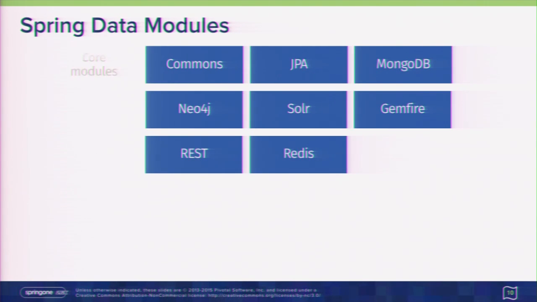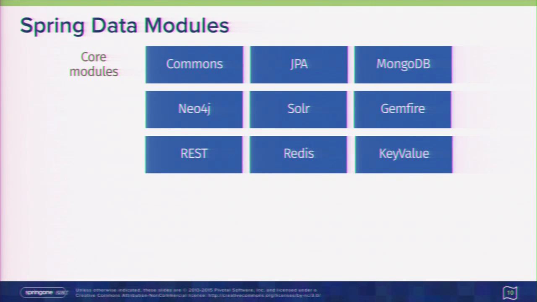We have the core set of modules, which is Commons, which holds common types that we use in the different store implementations, like a Page that holds contents and tells you whether there is a next page, a previous page, and all that stuff. We have implementations for JPA with the several JPA providers like Hibernate, EclipseLink, and all that.